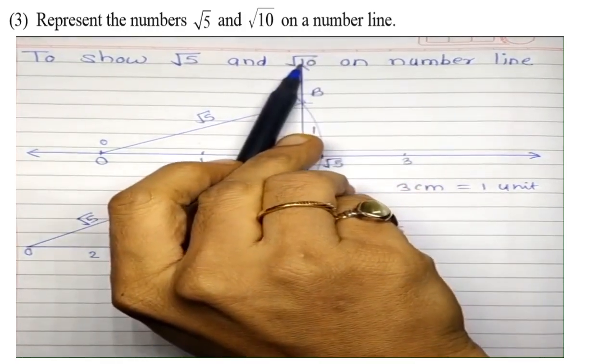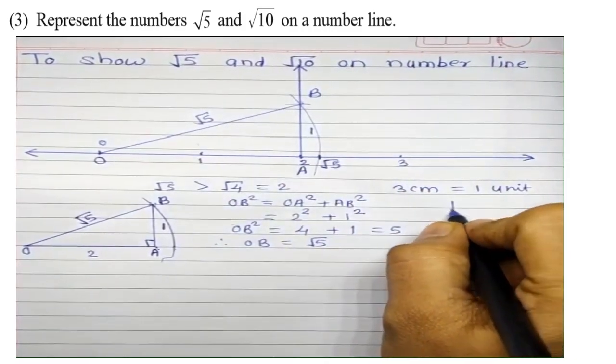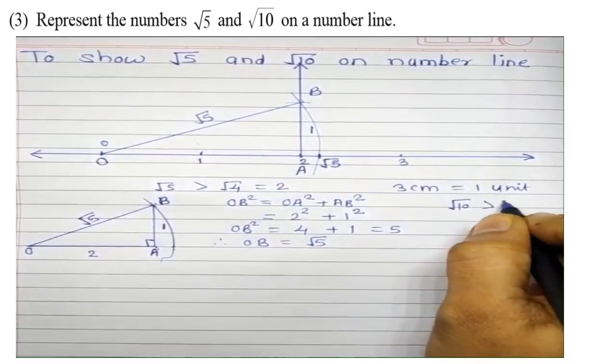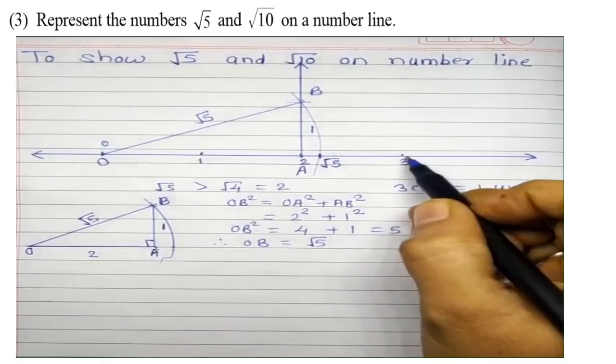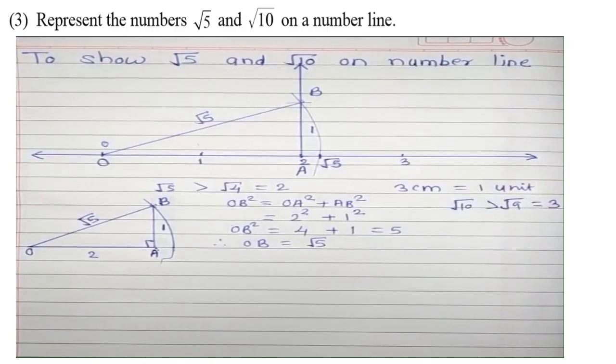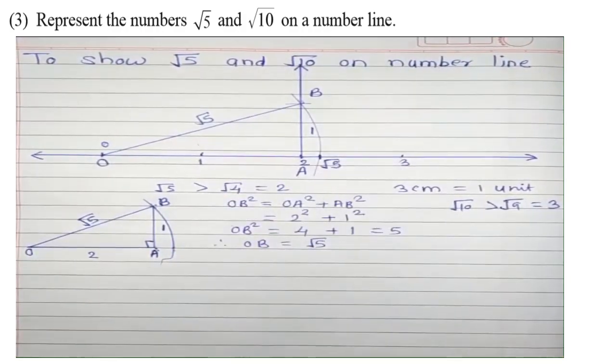Similarly, for root 9 now, root 10 now, root 10 is greater than root 9. That means 3. So root 10 lies beyond 3. So similar construction if we do at 3, then we are going to get root 10. Why?